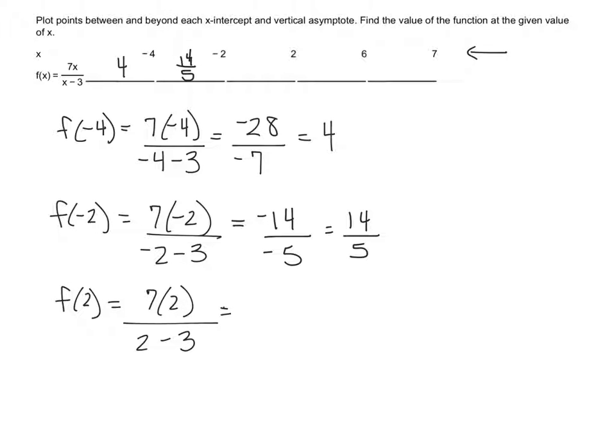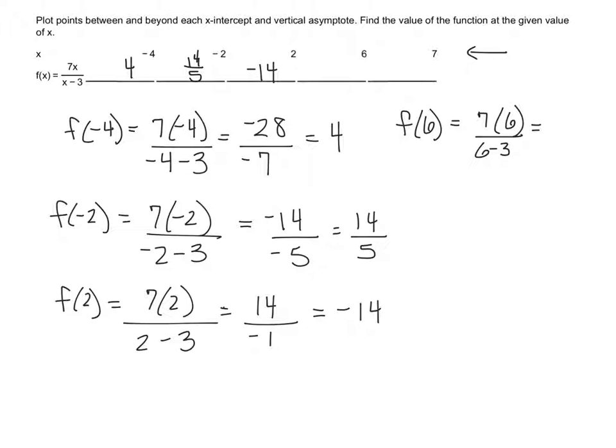When we plug in a 2, we get 14 divided by -1, which gives us a -14. For f of 6, I have 7 times 6, which is 42, divided by 6 minus 3, which is 3. 42 divided by 3 is a +14.